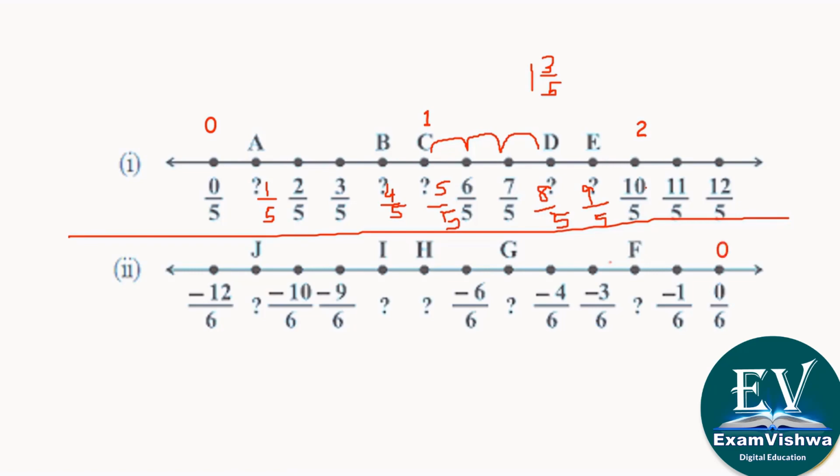Here it is 0. These are negative numbers. Then here it is minus 1. Here it is minus 2. So you should be very thorough with the number line. The denominator shows the number of divisions between consecutive units.